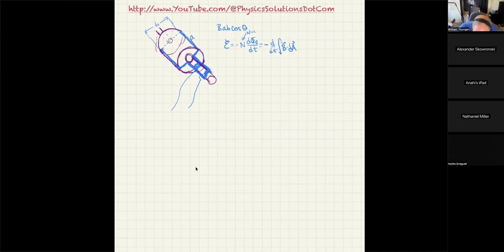And from that, we get negative derivative of B times, I'm going to go ahead and say a times b is capital A, times cosine theta, like that. And that gives us the derivative of cosine is negative sine, so that's going to make this plus B times A times the sine of theta.